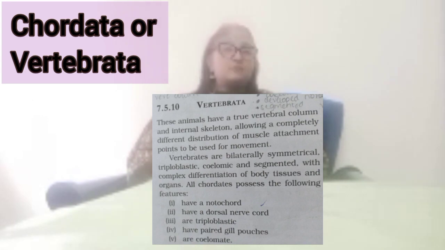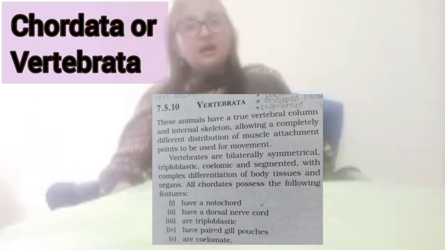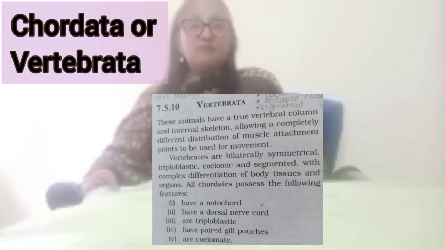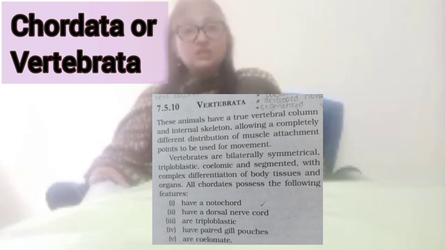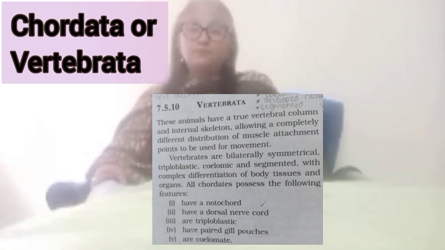They have 5 very important distinct features, that is presence of a notochord, a dorsal nerve cord, presence of paired gill pouches, and they are triploblastic and coelomate.